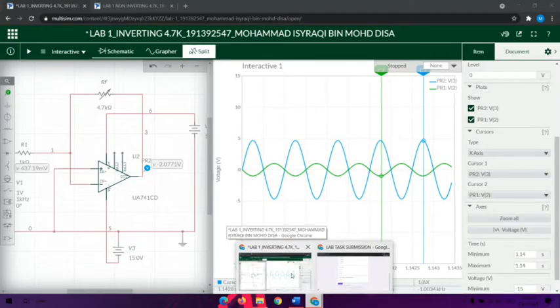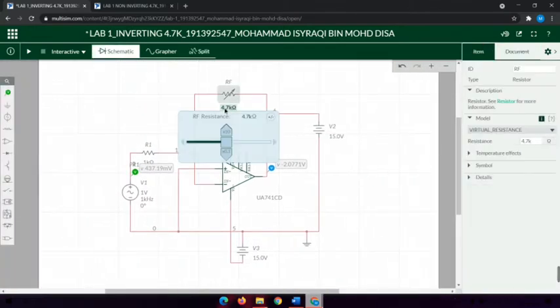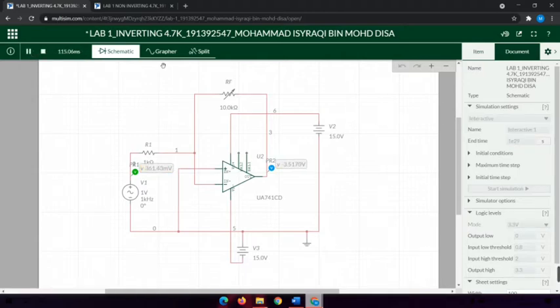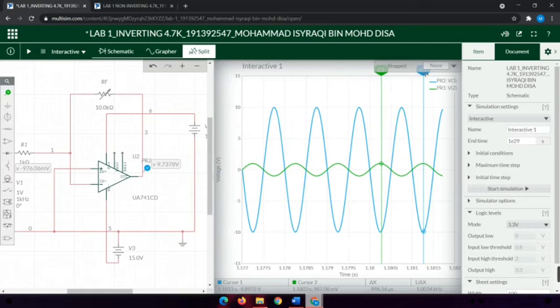And for the second one, we are going to change to a 10 kilo ohm RF value. We are going to simulate and get the value.